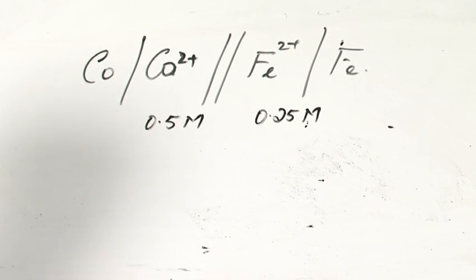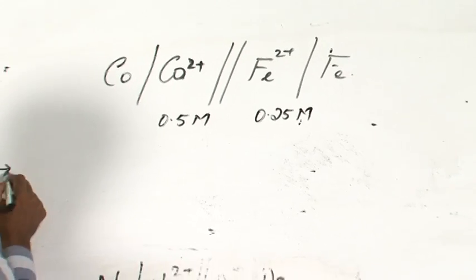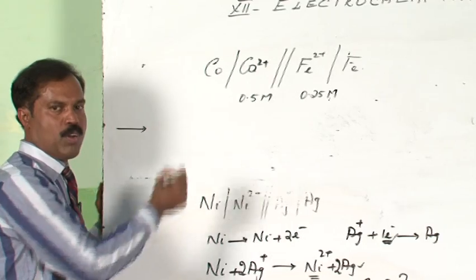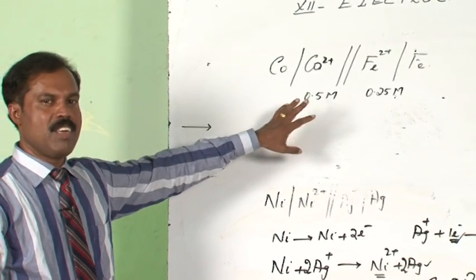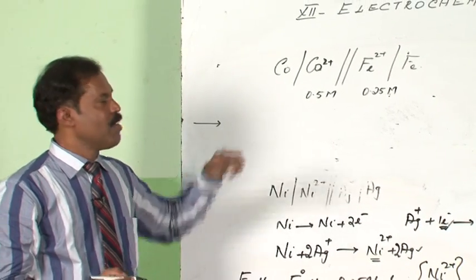The question is this, you have to verify whether this particular reaction is possible or not, which means is this cell, if you set up like this, will it work or not, which means you have to see whether it is spontaneous or not.